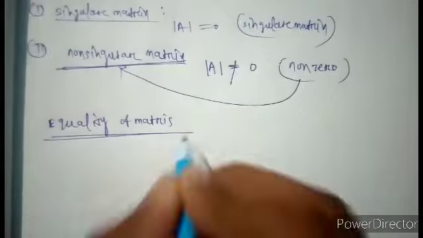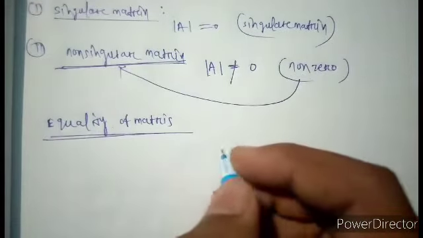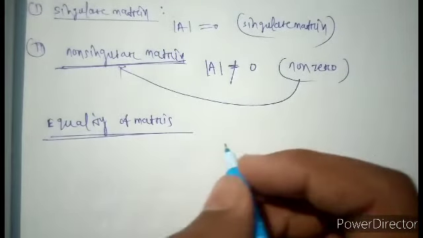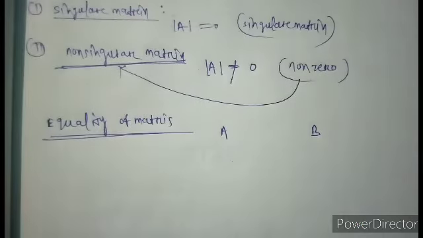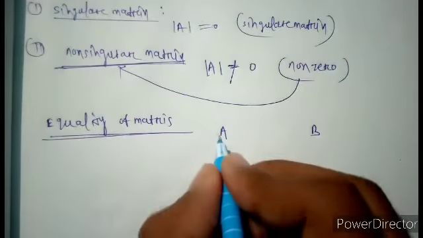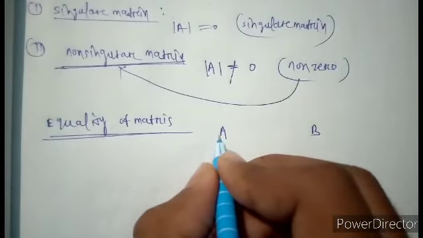What is called equality of matrix? Two matrices A and B are said to be equal if they have the same size, that is, the same number of rows and the same number of columns.